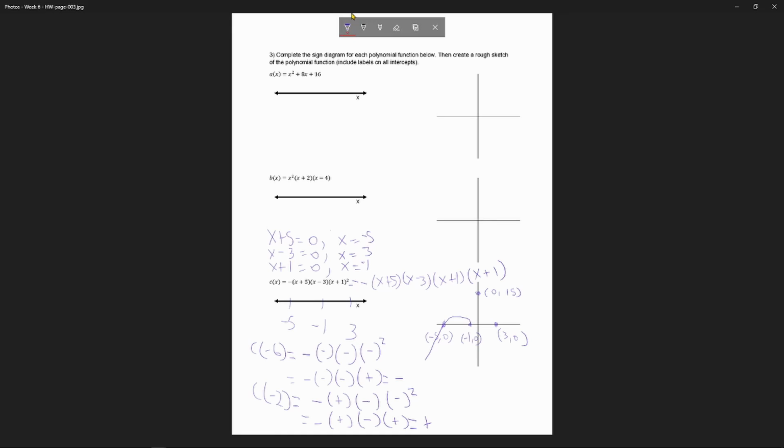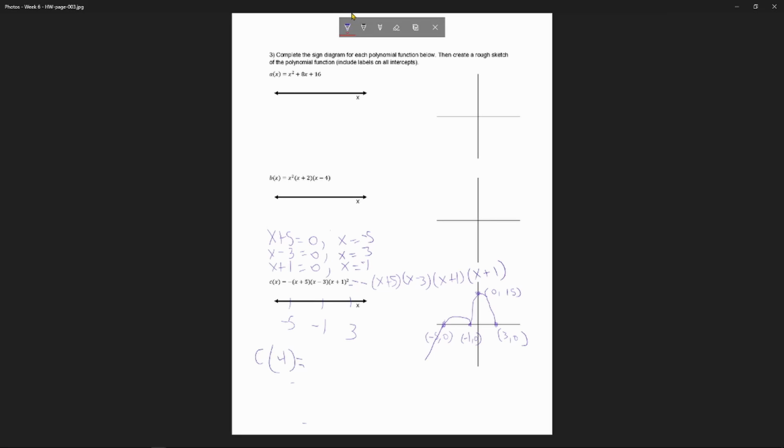And then we can test out what the values between -1 and 3 would be. But since we know we have a point up here, we know that all these y values are actually just all going to be positive. And then finally, we can test a value greater than 3. So if we take something greater than 3, we'll do c of 4.